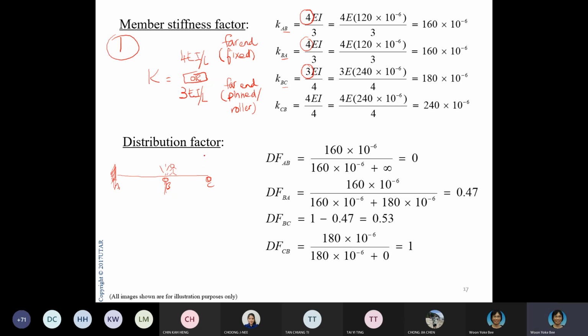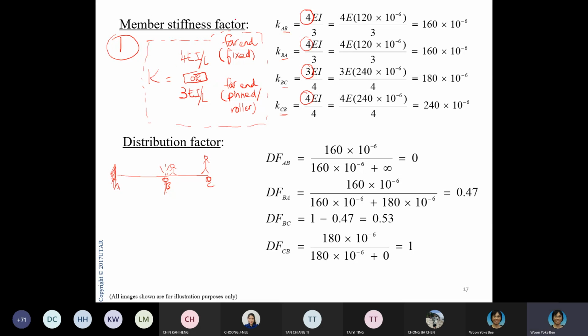On the other hand, if I stand here and look inside, this is the far end, and the far end here is fixed. That is why for KCB, I use 4EI over L. These two are the main member stiffness factors that you really have to remember.